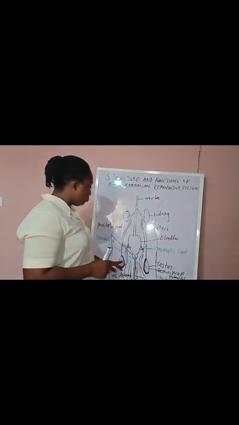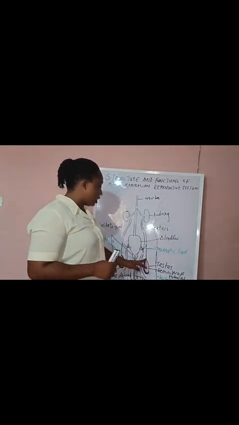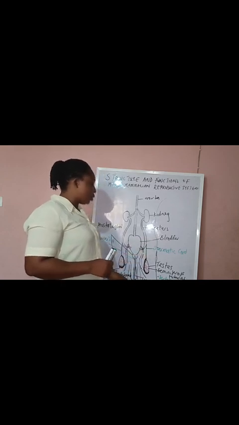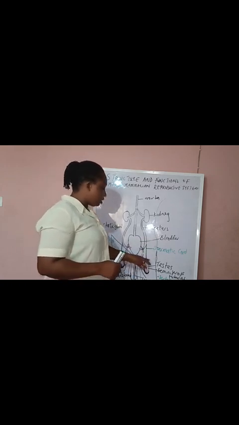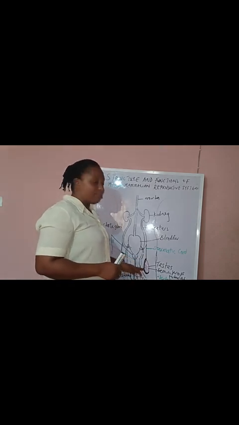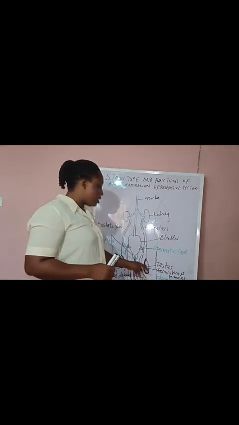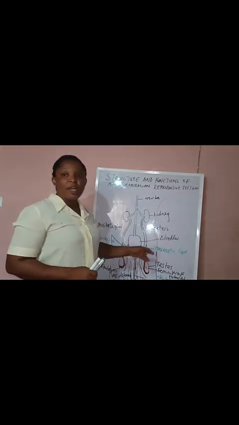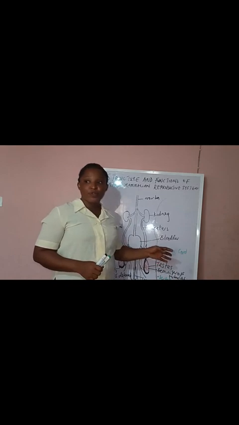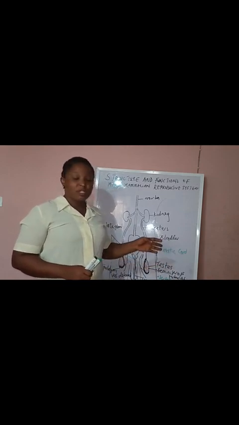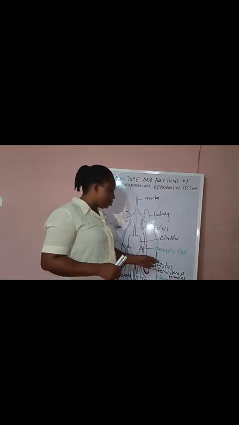We have two testes. They are oval structures suspended by the spermatic cord, and within these testes sperm is produced. The seminiferous tubules are located within the testes, and they are composed of sperm-producing cells.